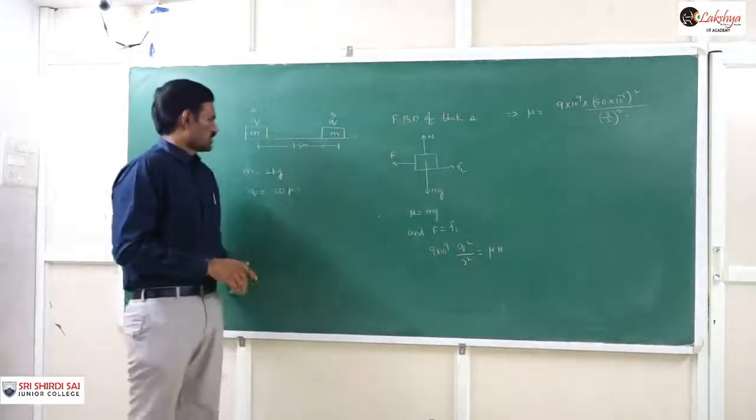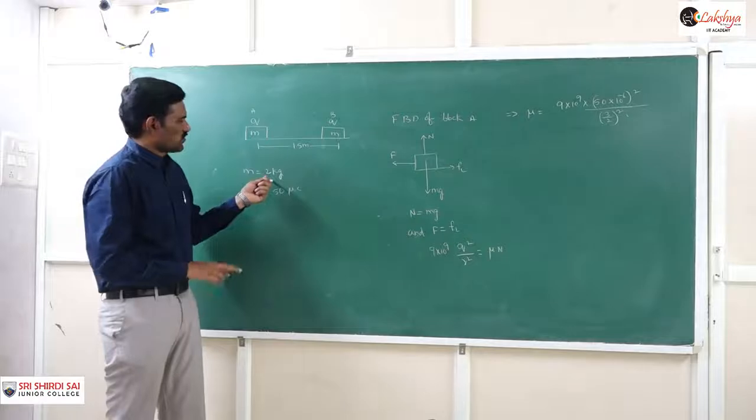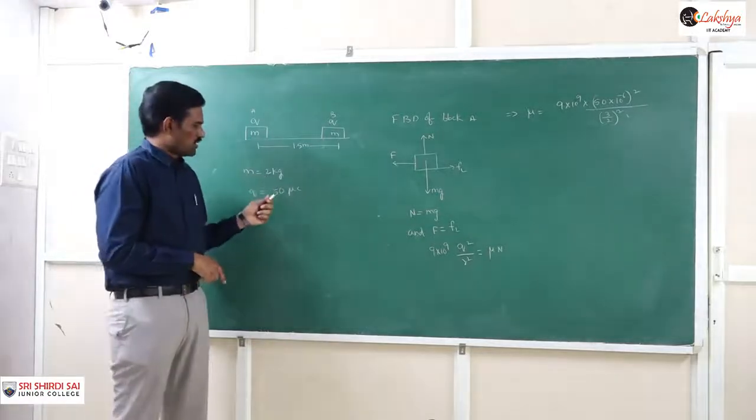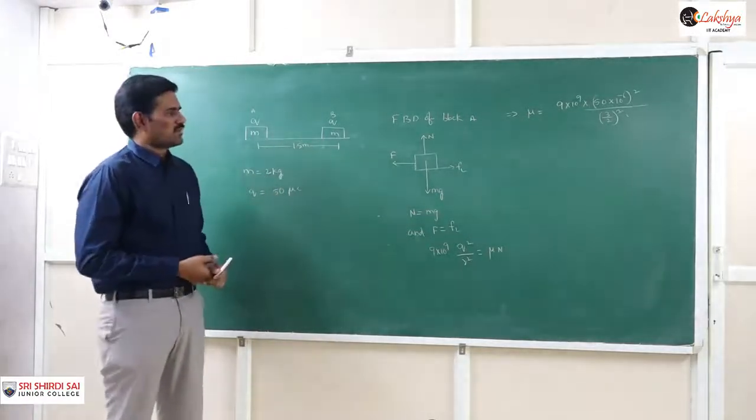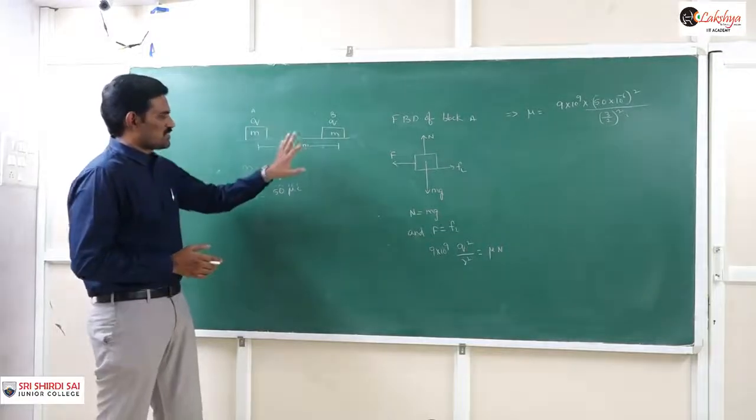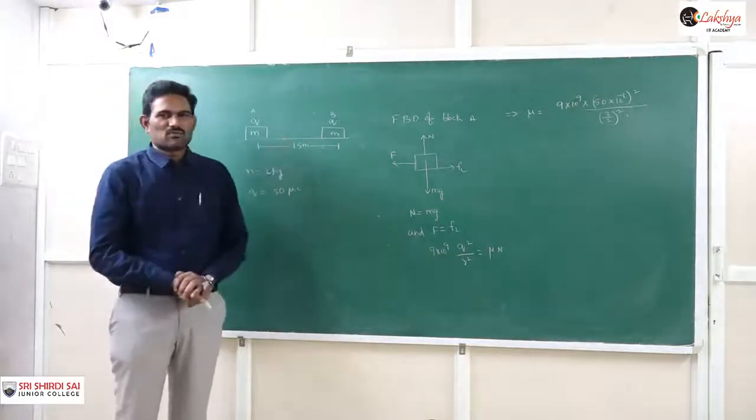This is the given data. The mass of each block is 2 kg and the charge on each block is 50 microcoulombs. The system is in equilibrium, but it is just ready to move.